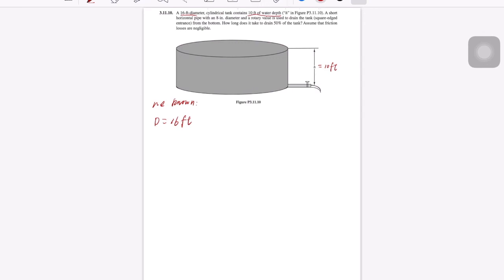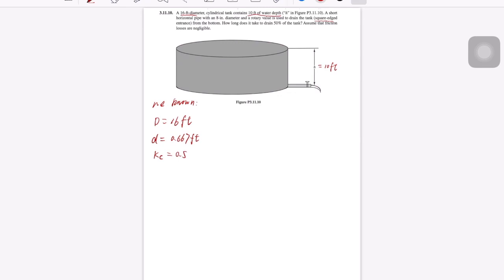So we know the pipe diameter d equals 0.667 feet. So we know the entrance is square-edged, so the coefficient of the entrance equals 0.5. We can find this value in the textbook.